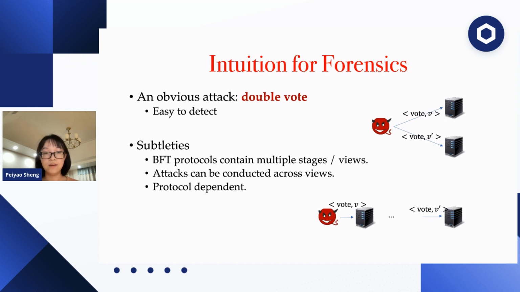They contain voting, that's true, but there are usually multiple rounds of voting and several stages coupled together. As a consequence, attacks are always conducted across multiple rounds. And the attacker's hands can be hidden behind any stage. In addition, these attacks usually depend on protocols, and all these subtleties make forensics much harder to analyze than what we have imagined. And these are the key questions we are going to focus on today.